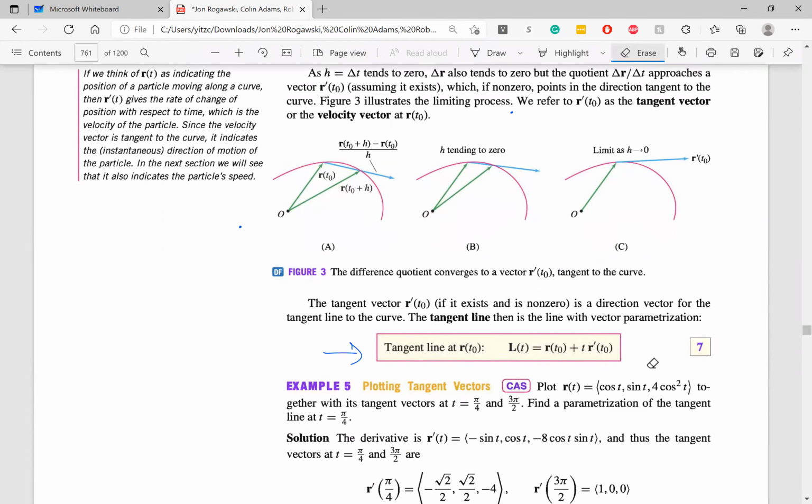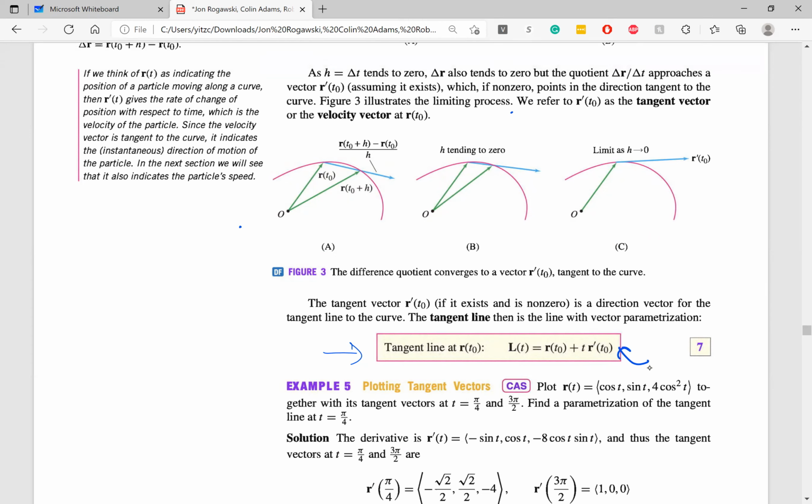A tangent vector at a point for this curve would just be r prime of t0, or a line starting at that point would be r of t0 plus t times v, which is r prime.